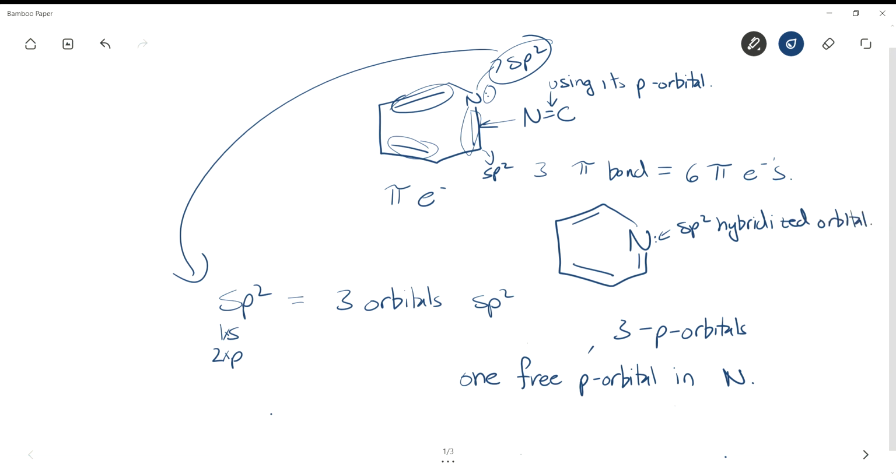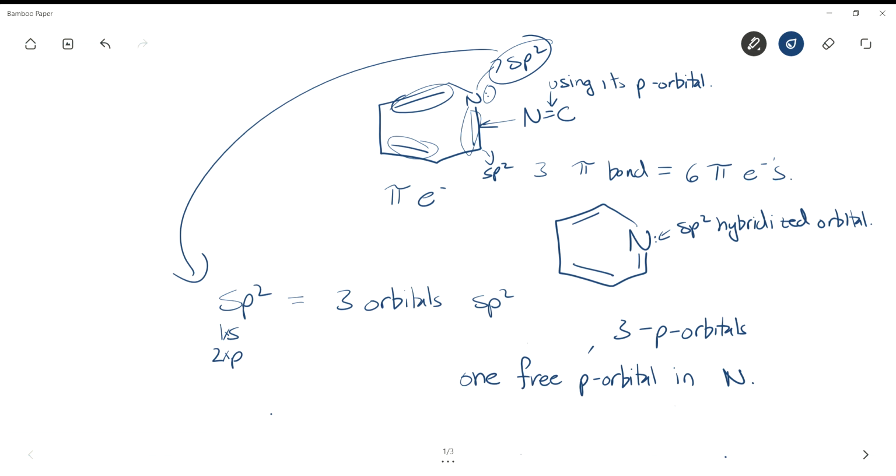Now, sp2 hybridized orbitals do not play a role in making double bonds or pi bonds. And so we know that this lone pair, these 2 electrons, are not pi electrons. That just allowed us to identify how many pi electrons there were in the molecule.